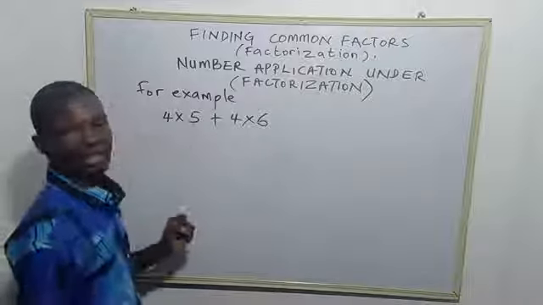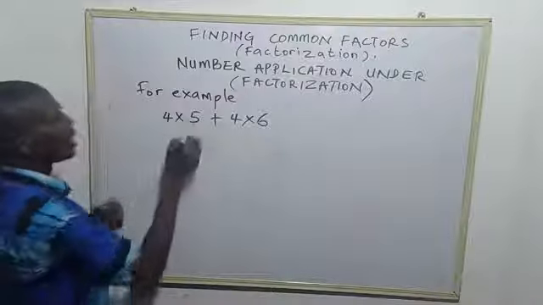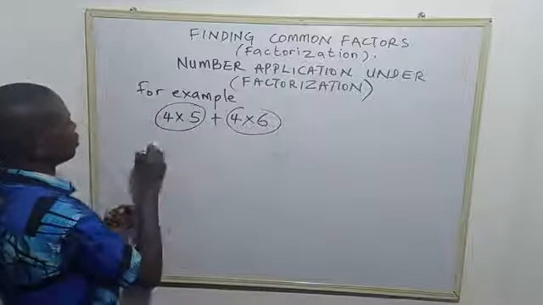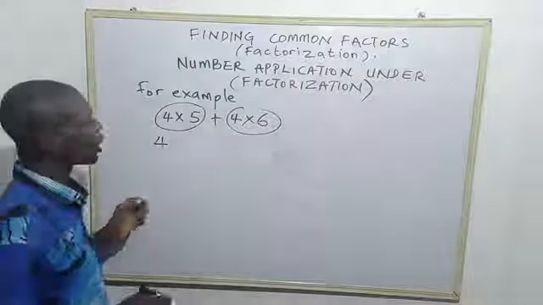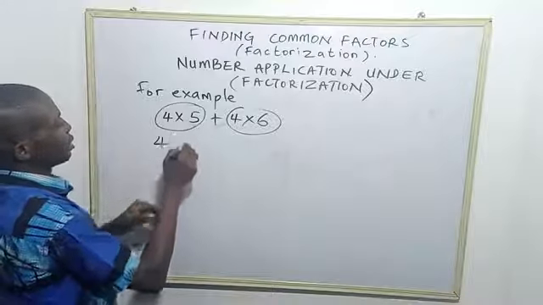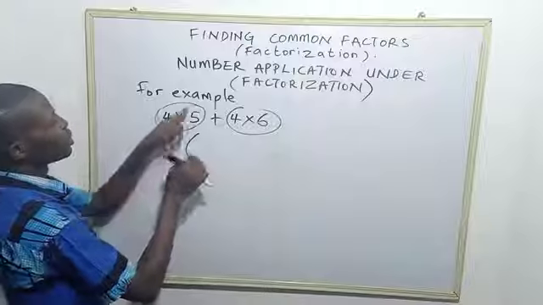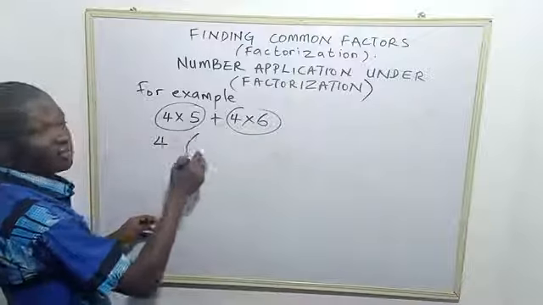From what you are seeing, 4 is here and 4 is here. So you write your 4, and whatever is left in this place, you write it, which is 5.